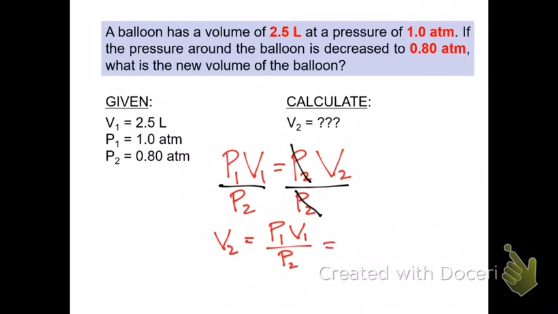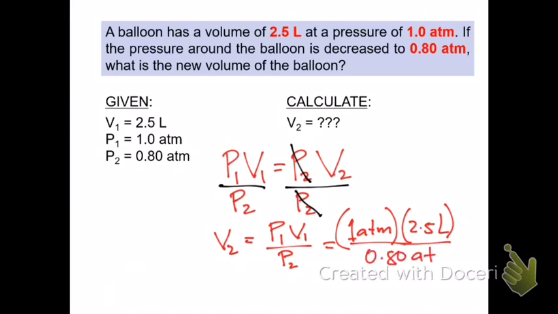All right, and all you have to do now is plug in the numbers. So we have pressure 1, which is 1 atmosphere. And you multiply this by volume 1, which is 2.5 liters. And divide this entire thing by P2, which is 0.80 atmosphere. Okay, so atmospheres cancel out.